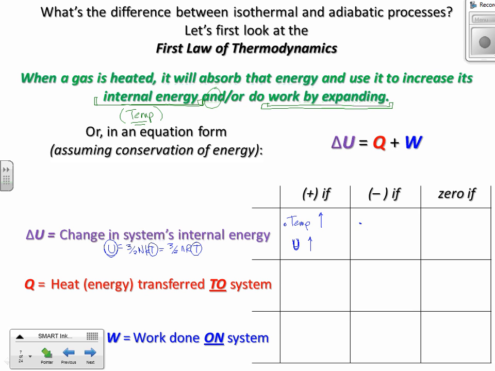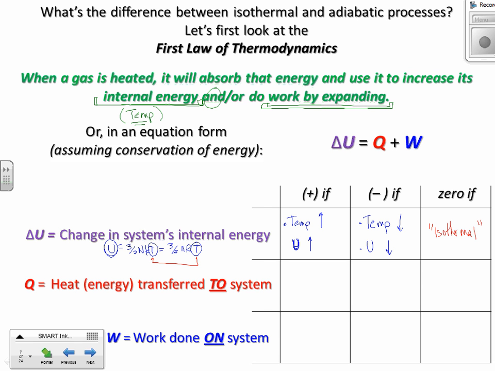If temperature decreases, or internal energy decreases, delta U is negative. When is delta U 0? If internal energy doesn't change, or if temperature doesn't change. It's 0 if you see the word isothermal. In any isothermal process, delta U is 0.